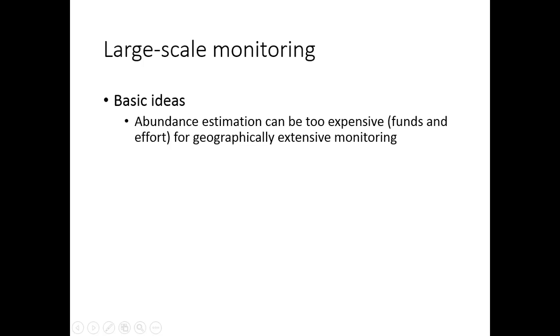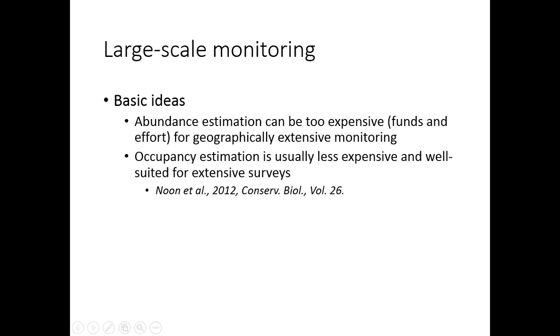Occupancy estimation plays an important role in large-scale monitoring. Abundance estimation can be too expensive for geographically extensive monitoring. Occupancy estimation is usually less expensive and well suited for these large-scale surveys.